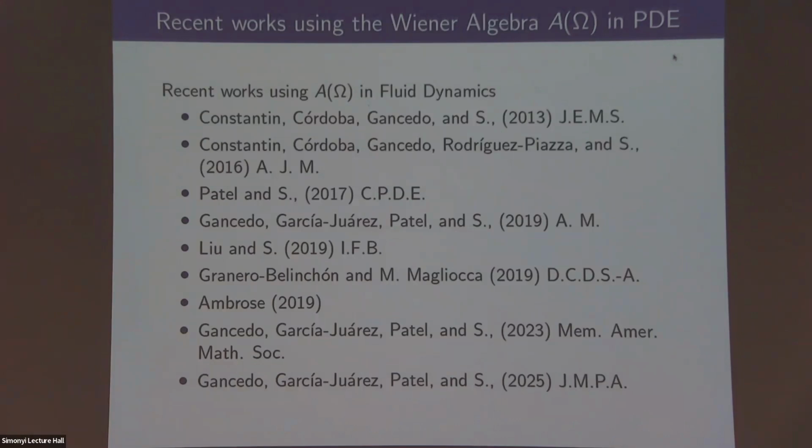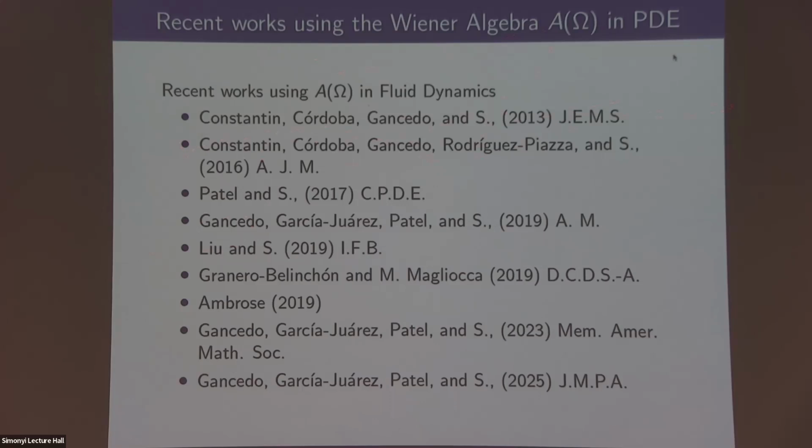This is not comprehensive. There's a well-known old paper by Duchamp Robert. But actually, one of the first times I talked with Paco, I went to visit him and Diego Cordoba in Spain, and we decided that we were going to use this space to study the Muscat problem. We didn't even know what it's called.